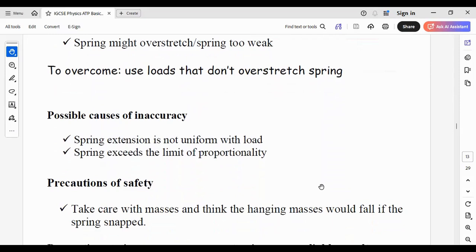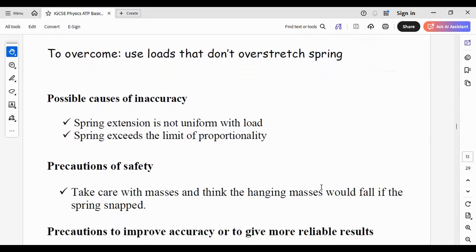Precautions of safety: take care with masses and think that the hanging masses would fall if the spring snapped. If you have something to hold the weights, that's a common one. Or if you move it fast, there may be a chance that it may topple.